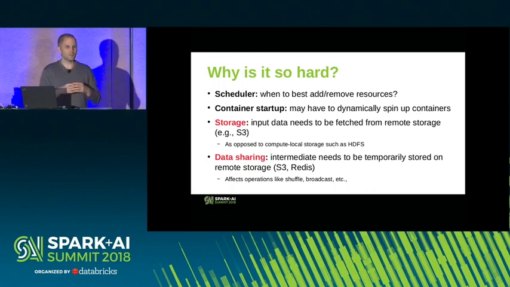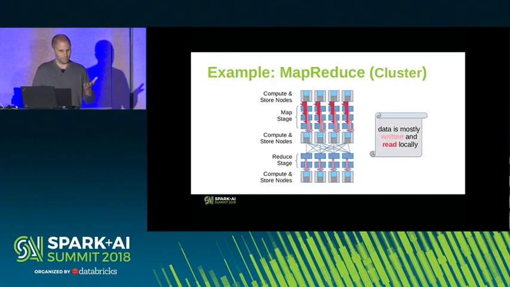Also, in the serverless case, typically the intermediate data, that is like shuffle data in Spark or broadcast data, needs to be stored on a remote storage service as well, and these are extra storage operations that cause extra overhead in a serverless setting. And this is illustrated here also by this figure, using the sorting app again. First, for the cluster setup, you can see all the storage operations are shown in red.